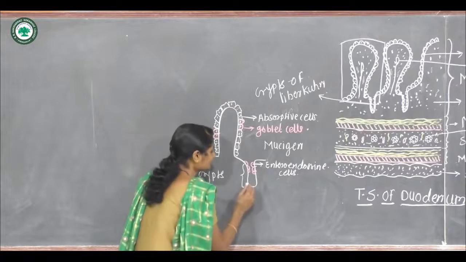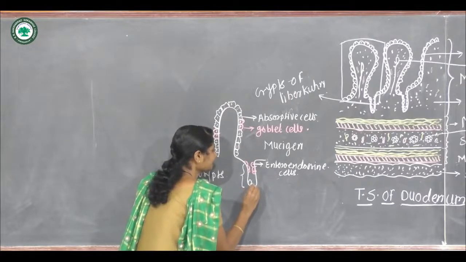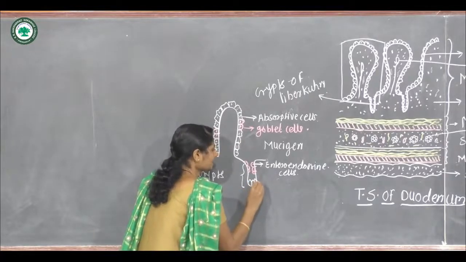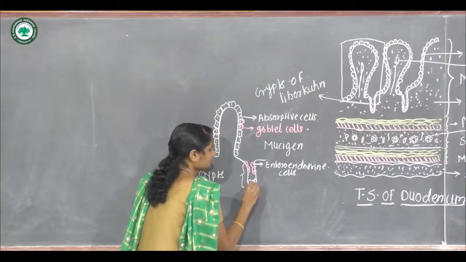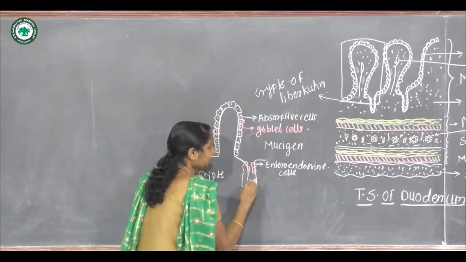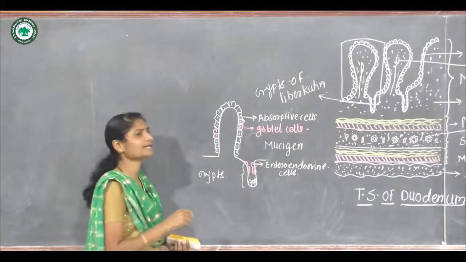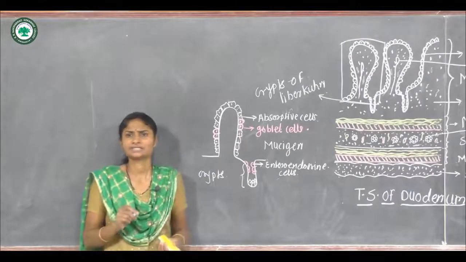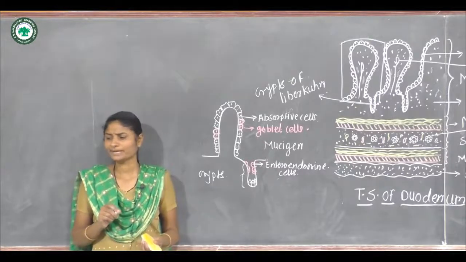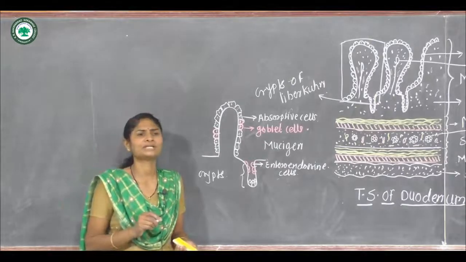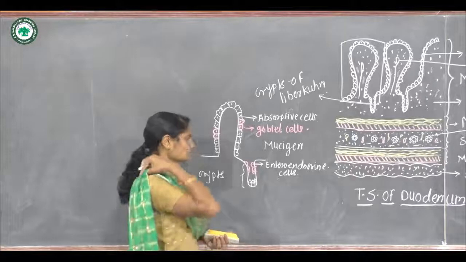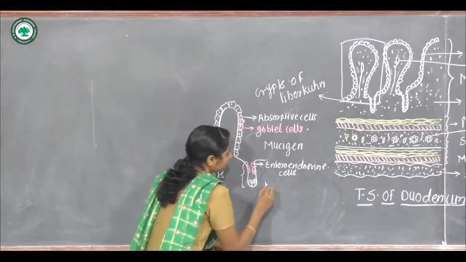Next type of cell is Paneth cells. These Paneth cells are located deep in the invaginated part, and are pyramidal in shape. These Paneth cells mainly secrete lysozyme enzymes.